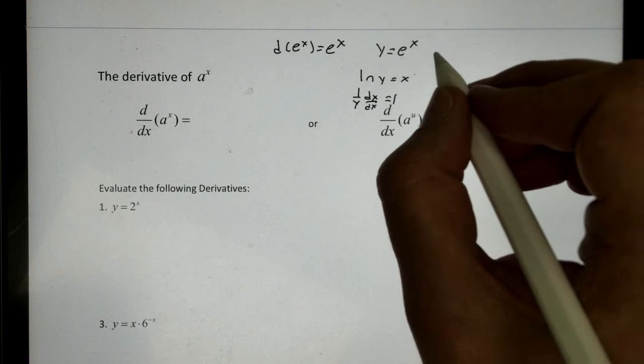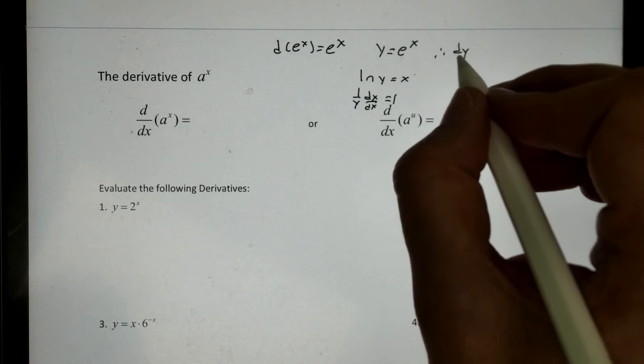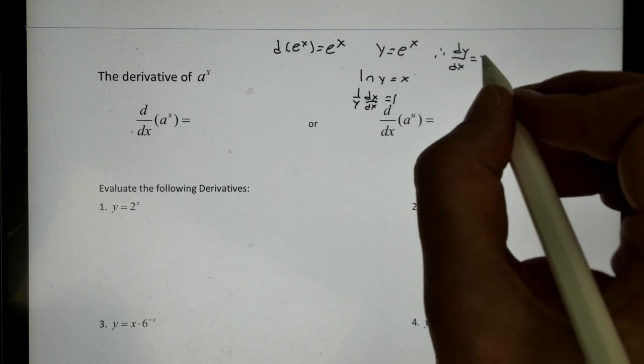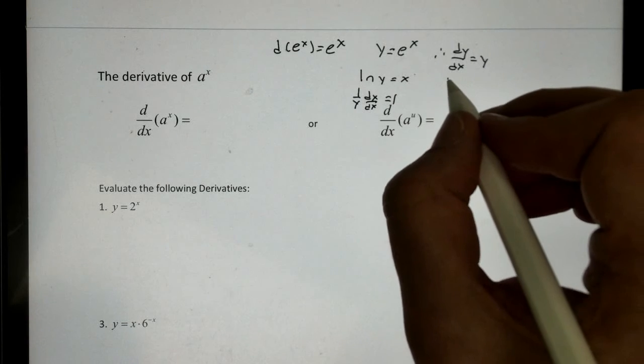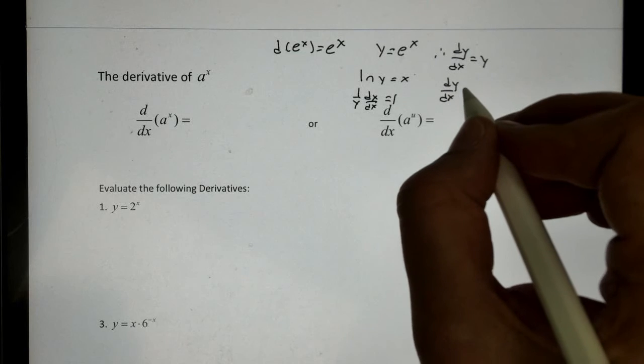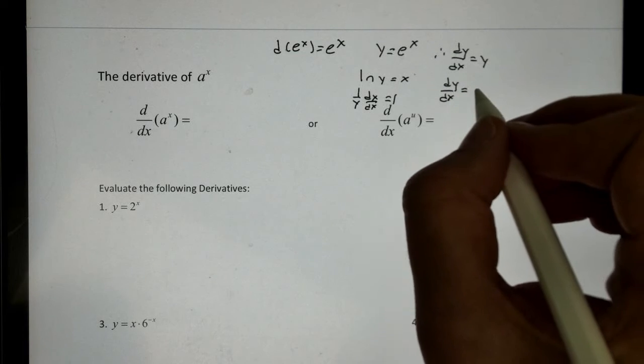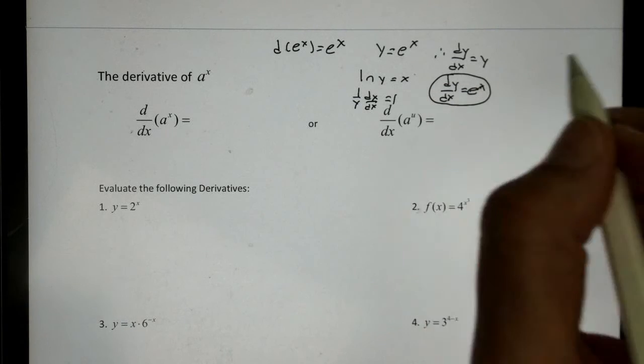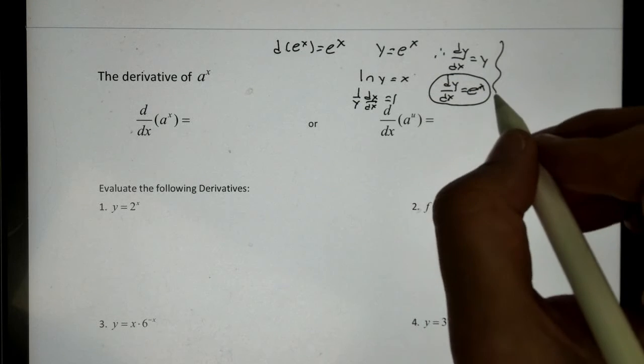And if I solve it, therefore we can say that dy dx is just equal to y. Well, what is y equal to? It's just e to the x. So we get dy dx equals e to the x, and that is actually how we get the derivative of e to the x. It just becomes its own derivative.